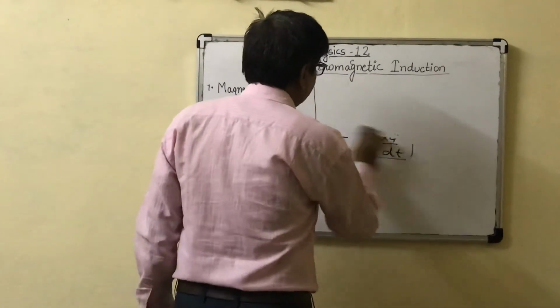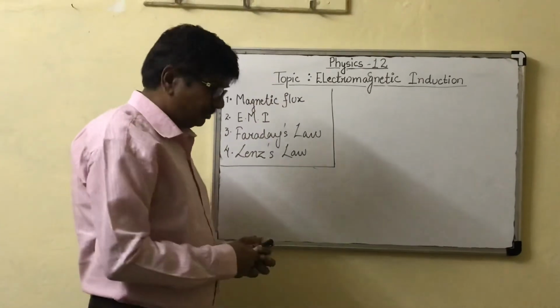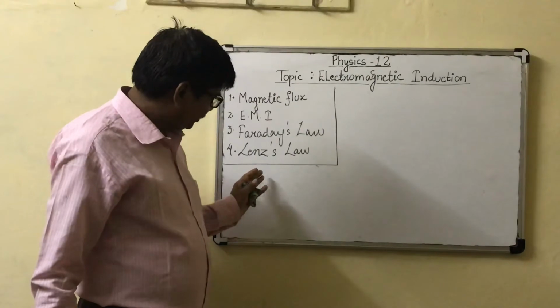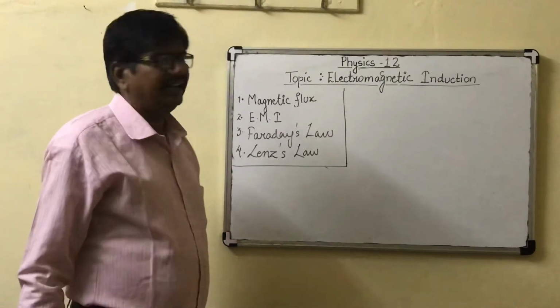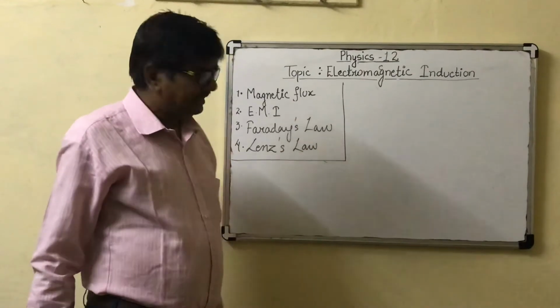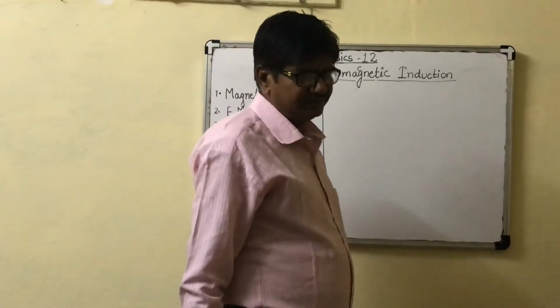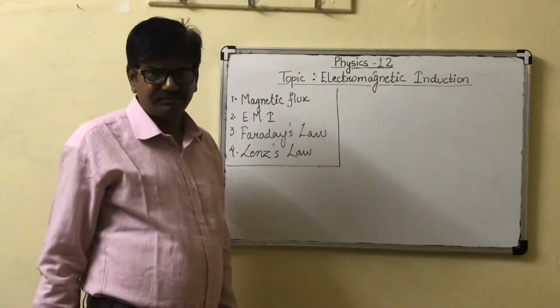Now we will discuss Lenz's law. What is Lenz's law? The direction of induced EMF or induced current is such that it opposes the cause producing it, and it opposes the change in magnetic flux linked with the coil.